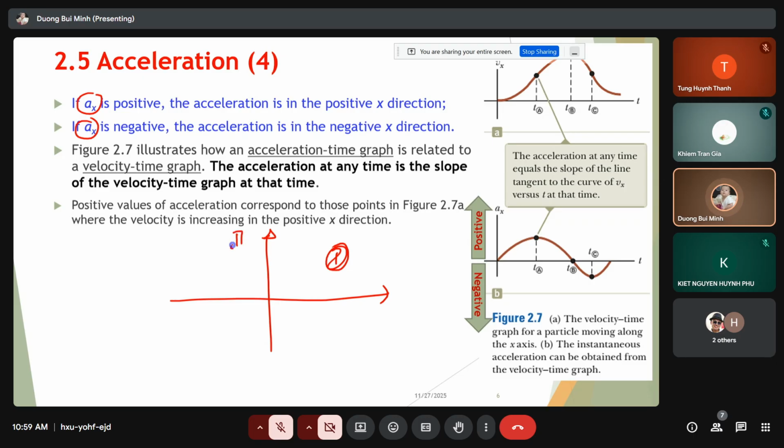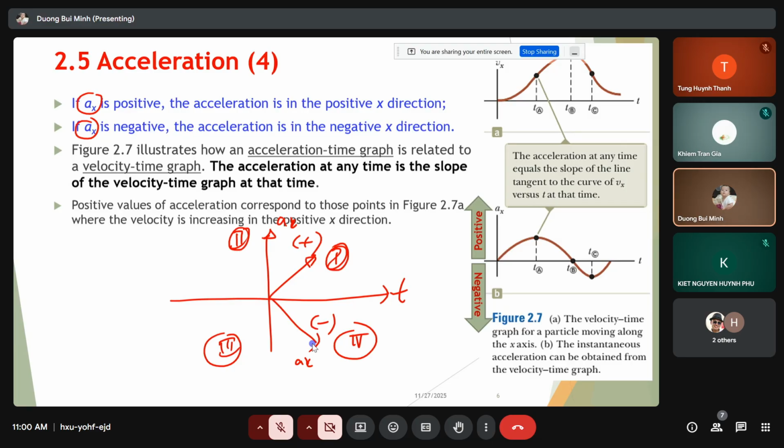The first quadrant, the second quadrant, the third quadrant, and the last quadrant. This is time, and this is ax. If the vector ax is like this, you get positive, and if the vector ax is like this, you get negative. So it depends on which quadrant contains vector ax.